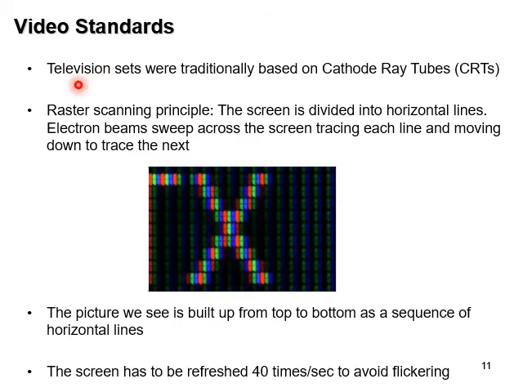Okay, so now how do television sets work? Television sets were traditionally based on cathode ray tubes. This is actually before the invention of LCD and LED screens, but it's important to discuss the old cathode ray tube devices, because the technology that was used at that time had an impact on the development that happened later on.